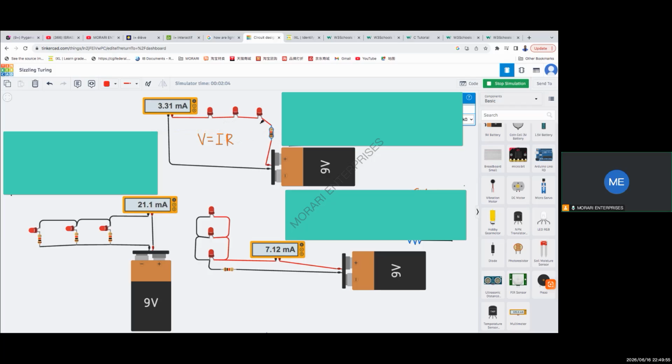But what I am interested in is the brightness of our LEDs. The brightness of our LEDs is what we want to focus on today. Now, what controls the brightness of your LED is how much energy is being dissipated here as heat to light up this thing.